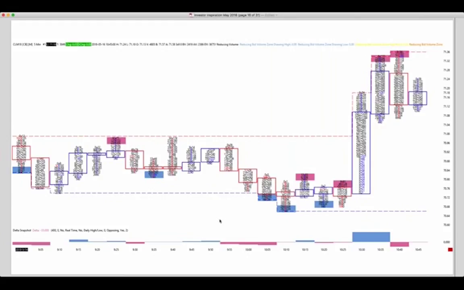The difference between that number is called delta. So if we have more contracts bought than sold, our delta is positive, it's blue. If we have more contracts sold than bought, then our delta is negative, it's pink. We can also start to see exhaustion by looking horizontally at the delta.